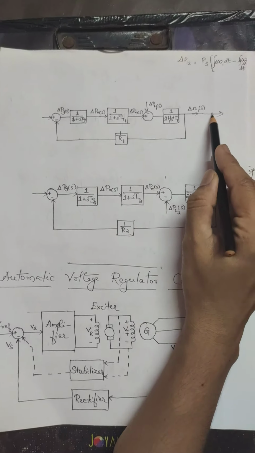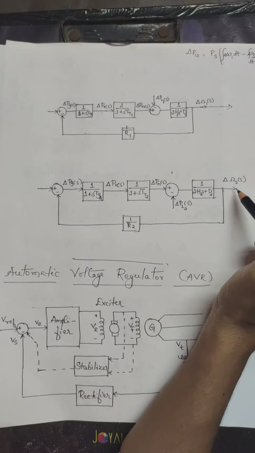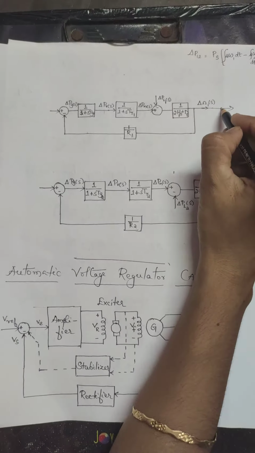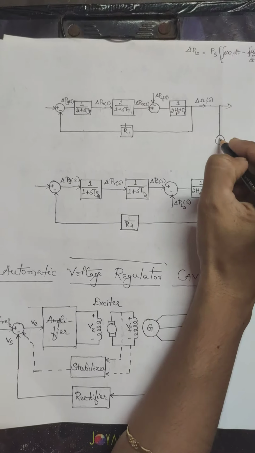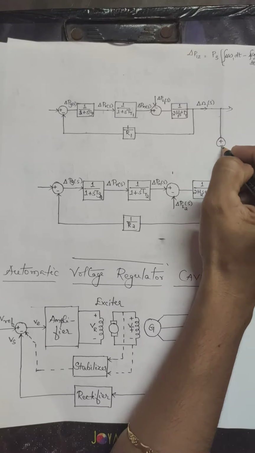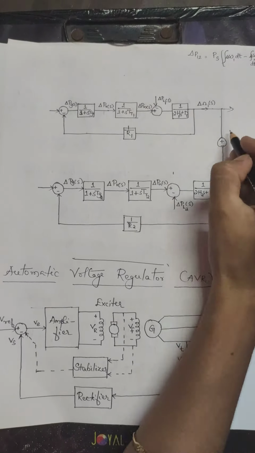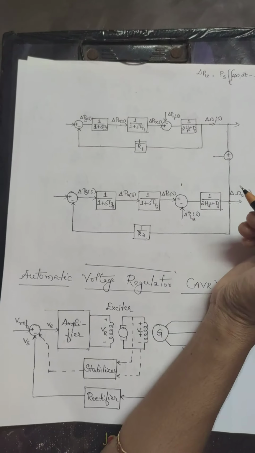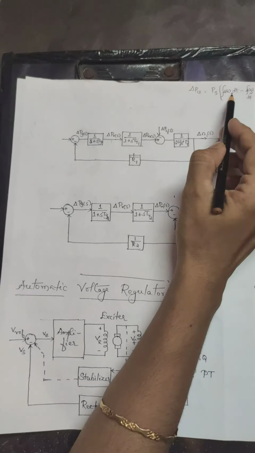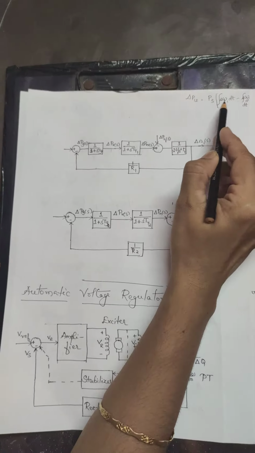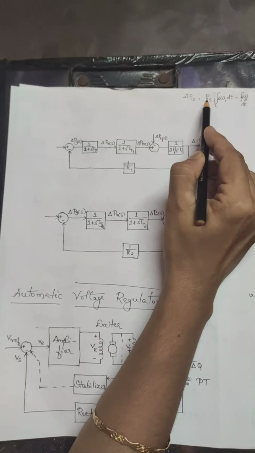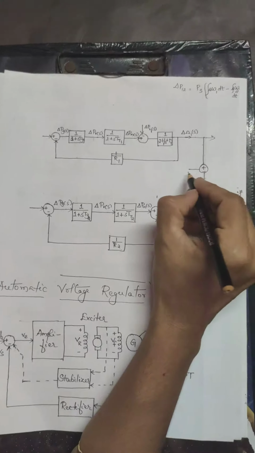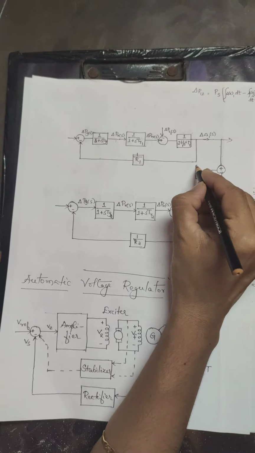So we have delta omega 1 here and delta omega 2 here. So delta omega 1 minus delta omega 2. The output of this summer will be delta omega 1 minus delta omega 2. Now you have to integrate this difference and multiply by the synchronizing power coefficient Ps.